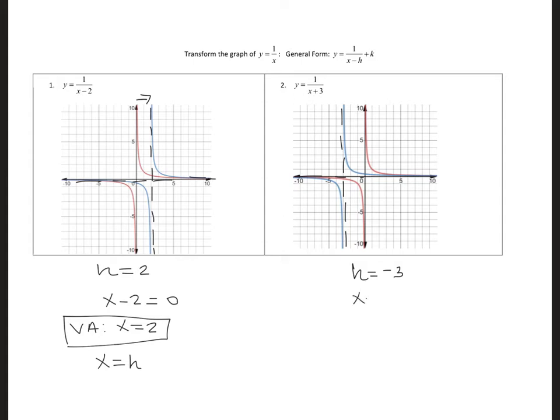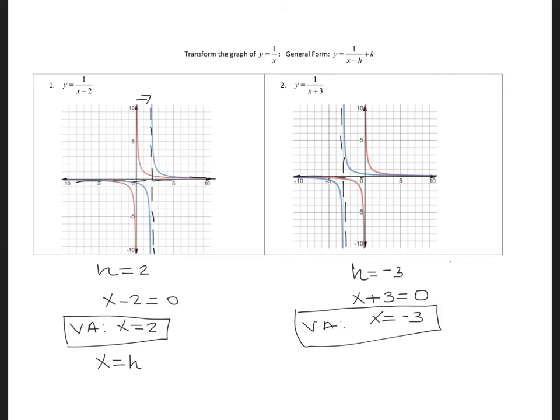I can also see x plus 3 equals 0, so x equals -3. This corresponds with my vertical asymptote. So x equals h gives me the value of the vertical asymptote, and it also helps me to see the way the graph moved.